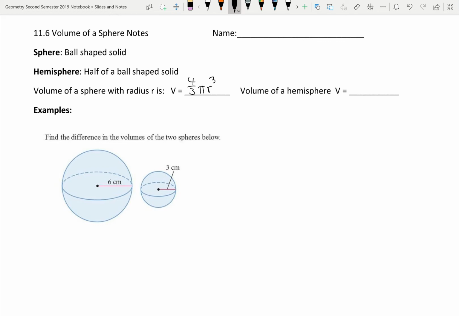The volume of a hemisphere is half of that, so that's 2/3 pi r cubed. And in class, we did an investigation where we derived this formula.